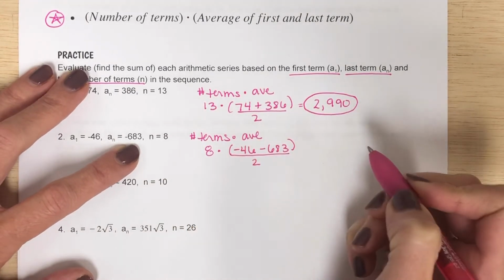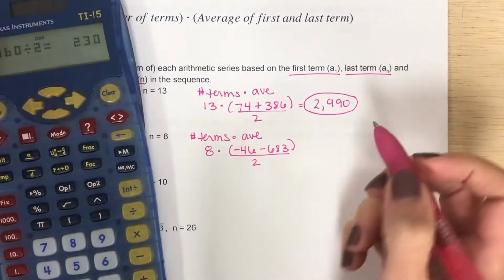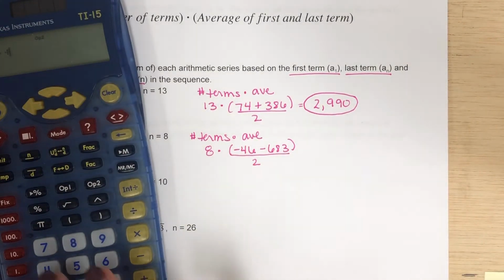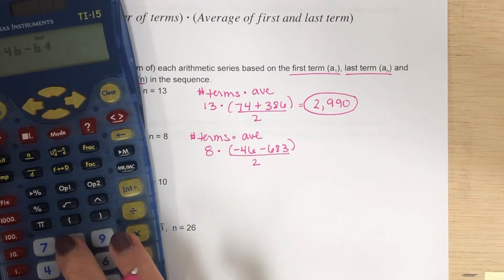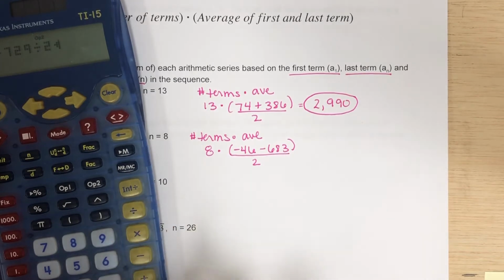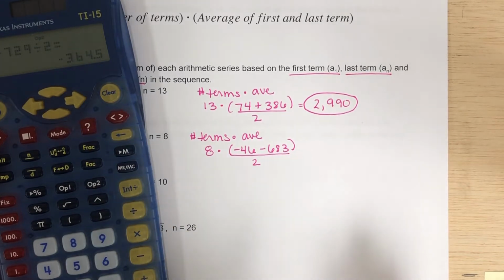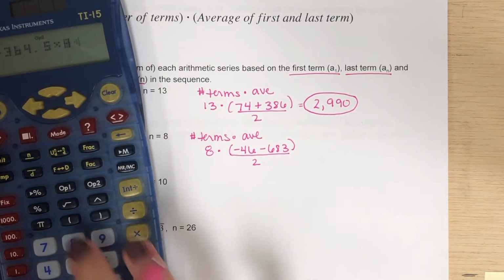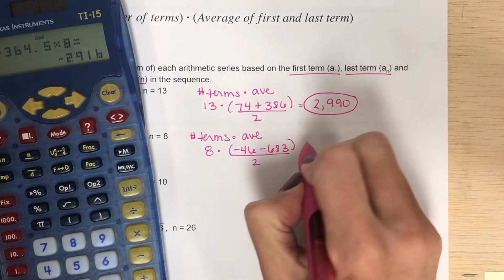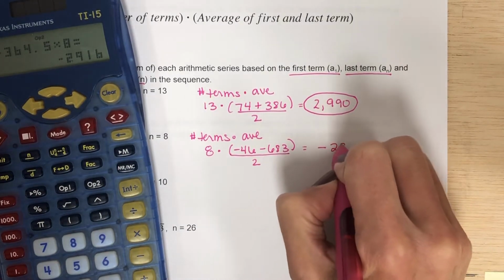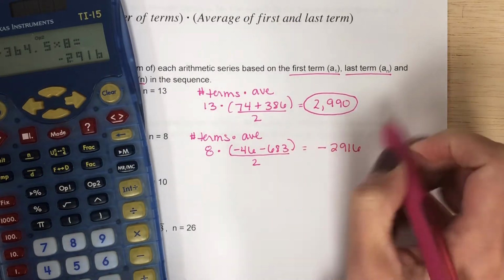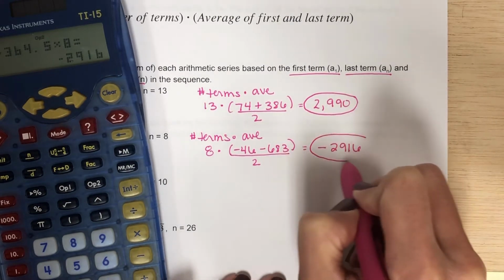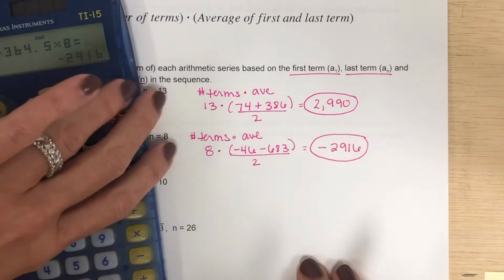I'm going to divide that by 2. And then I'm just plugging this in my calculator. Negative 46 minus 683 divided by 2. My average is negative 364.5, and I have 8 terms. So that is negative 2,916. So that is the sum of that sequence.